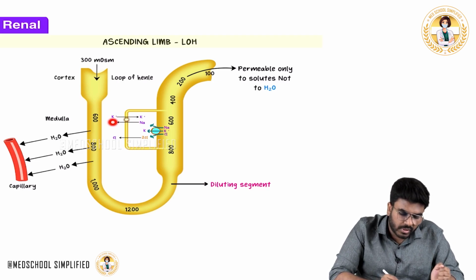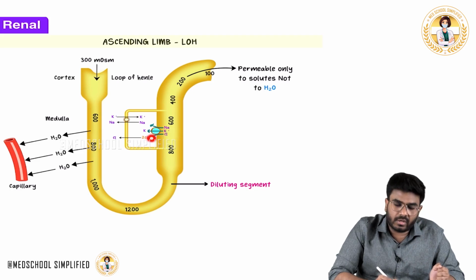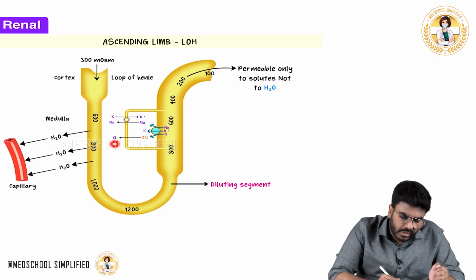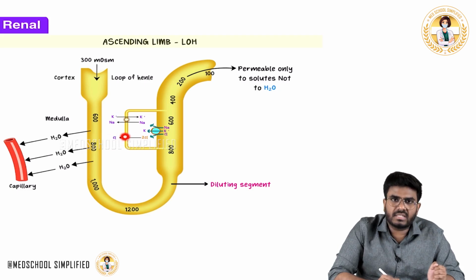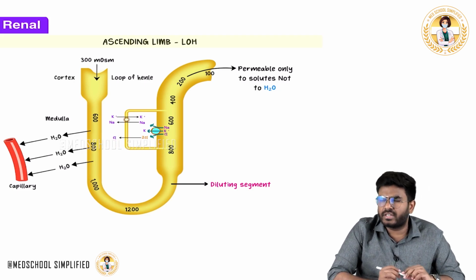We have discussed that the medullary interstitium is hyperosmolar, more sodium is there. Not only that, the chloride that enters the cell also goes into the interstitium, because chloride channels are there, sodium channels are there, so even chloride gets into the interstitium.